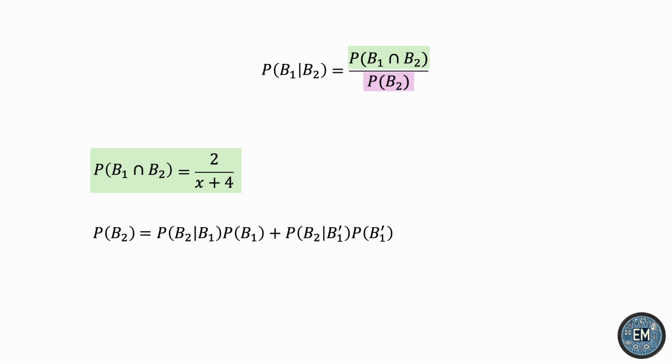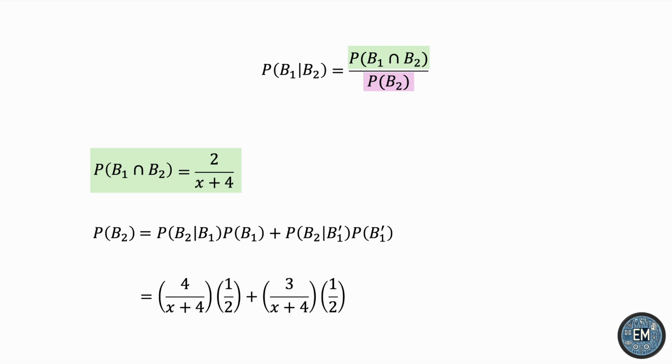So we'll have the probability of B2 given B1 times the probability of B1 plus the probability of B2 given B1 complement times the probability of B1 complement. Now, the first product is the intersection we just found, B1 intersection B2. So that's the same solution, 4 over X plus 4 times 1/2.